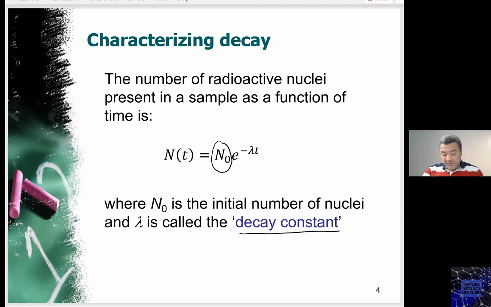Sometimes we use the minute, sometimes the second, sometimes the year. The number of radioactive nuclei present is given by N(t). So the number of nuclei is a function of time, and N naught is the initial number of nuclei.